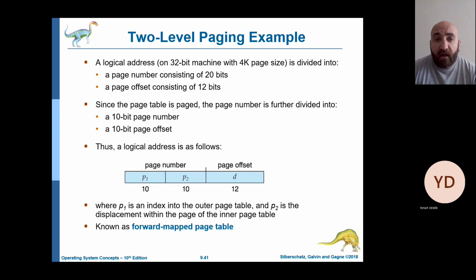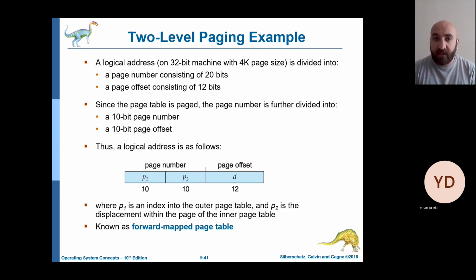Because we page the page table, the page number is further divided into a 10-bit page number and a 10-bit page offset. So instead of just using a single level, we have P1 and P2.